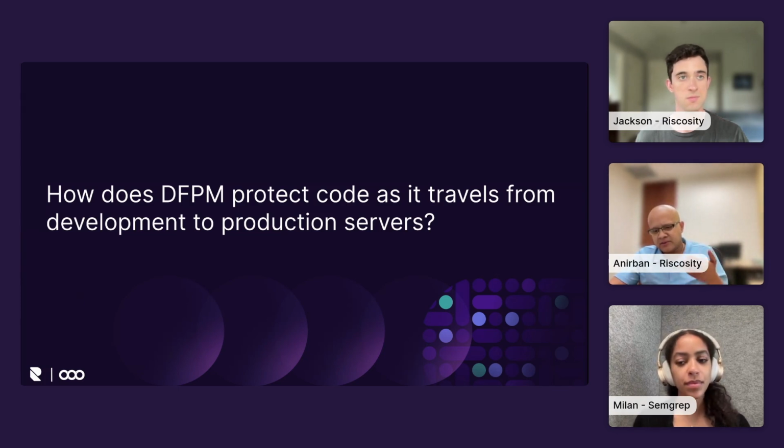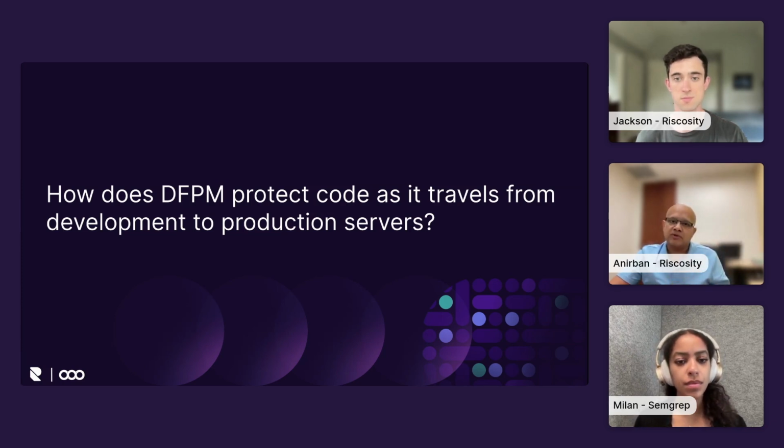Just like any company or developer who is interested in making sure they do the best job they can in terms of reducing the number of vulnerabilities, writing code that is understandable, all these good hygiene things that we want to do as a development person. What DFPM adds in terms of value to make it easy for that code to actually go to production is the following.